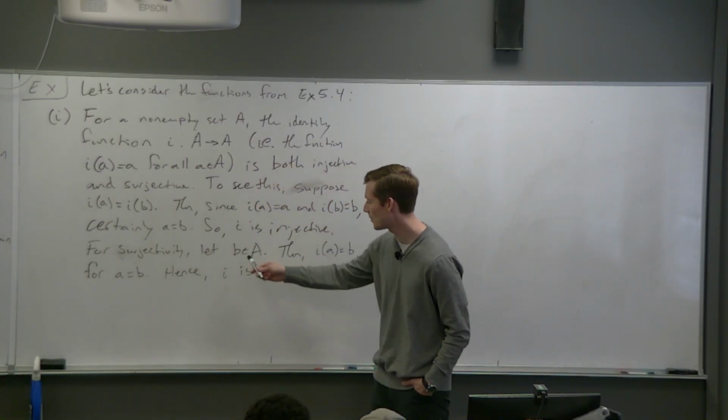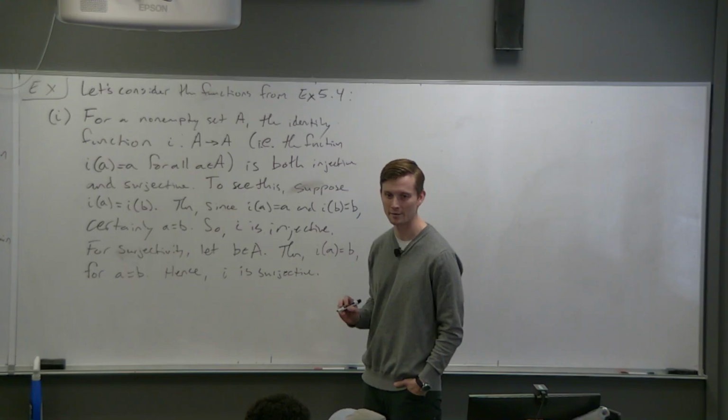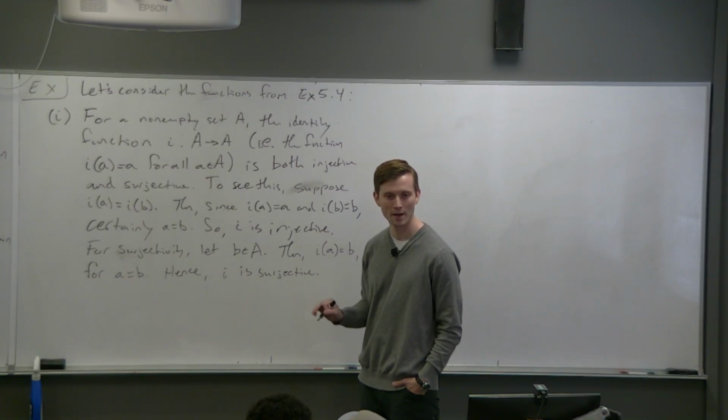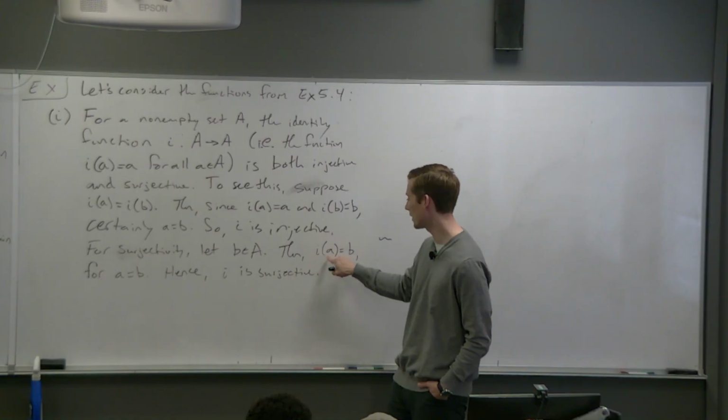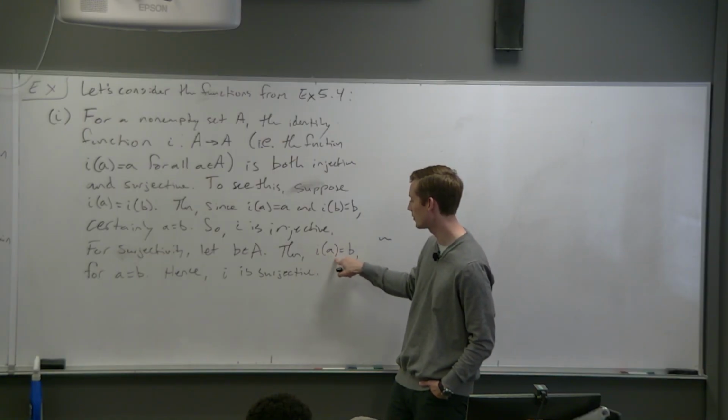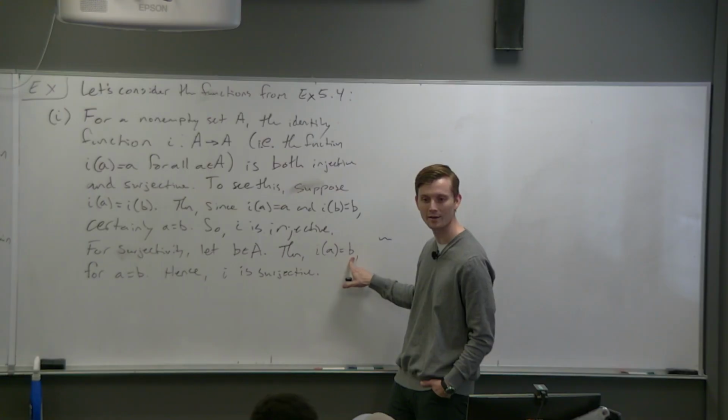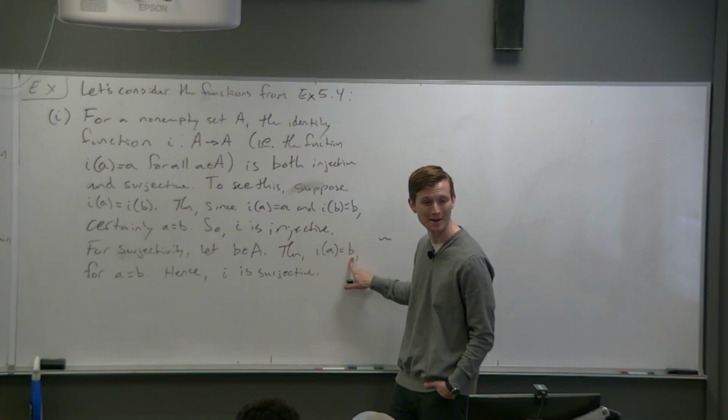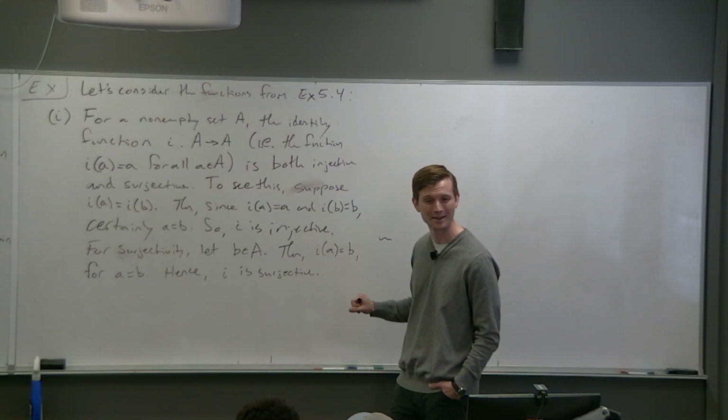That is, you can pick anything in the codomain, and no matter what thing you pick, there's always something in the domain that you can send through the function to get to that thing. That thing is the same element that you picked from the codomain, because the domain and the codomain are the same. Does that make sense?